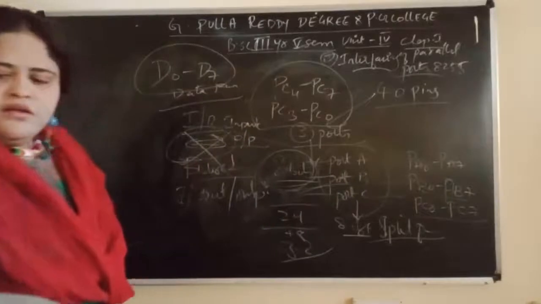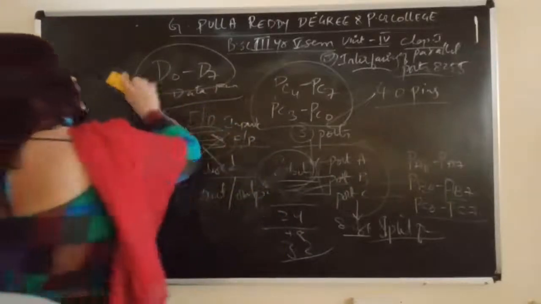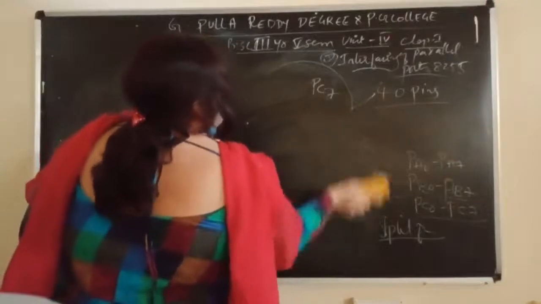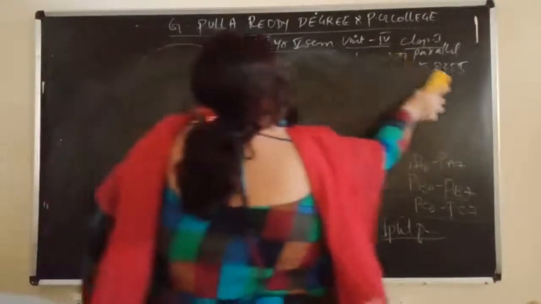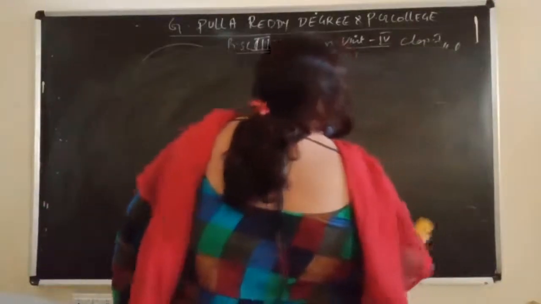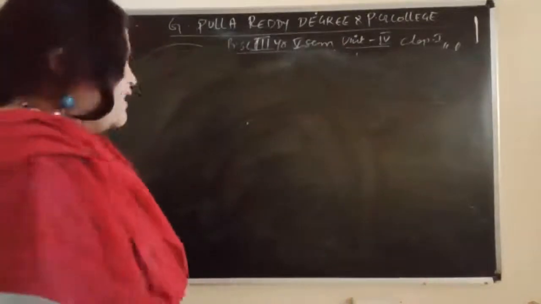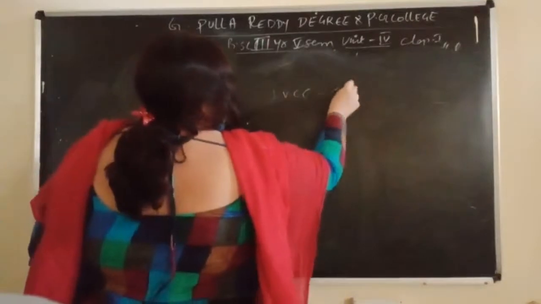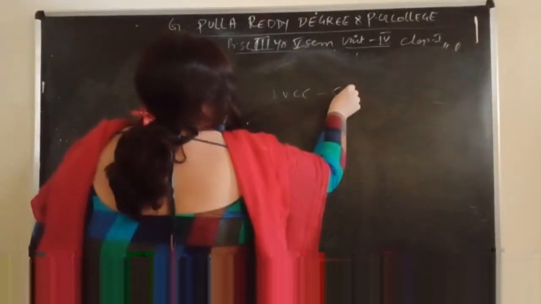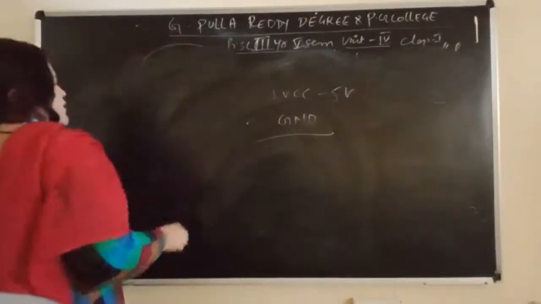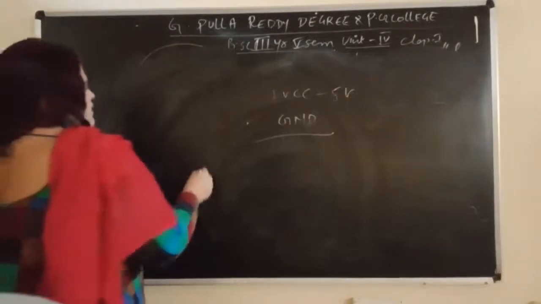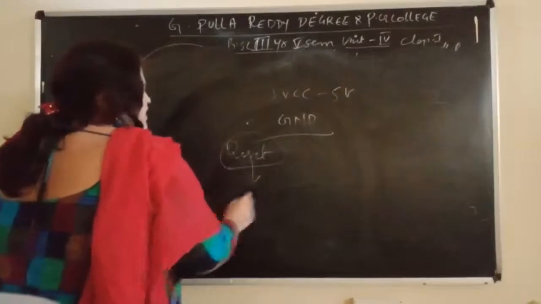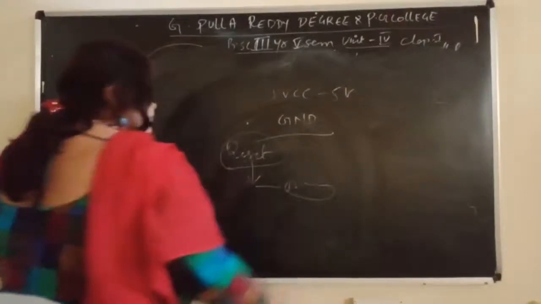Now, what about the remaining pins? The remaining pins are 8 pins. Out of that, VCC is the 5 volt supply. Now how many are remaining? 6. Out of 6, reset is there. Reset means whenever this is pressed, everything will go to 0, 0, 0.